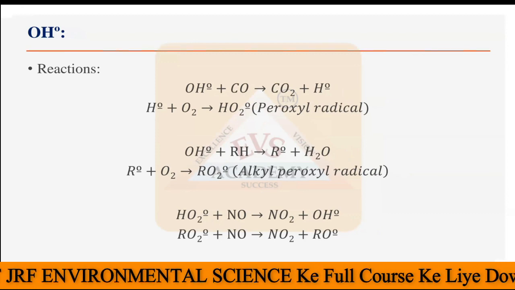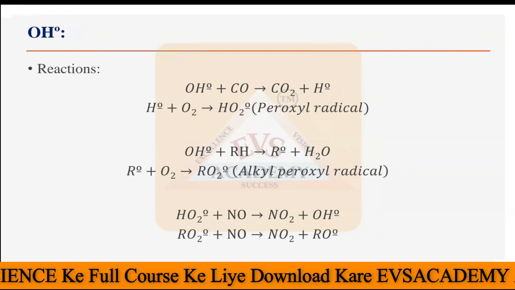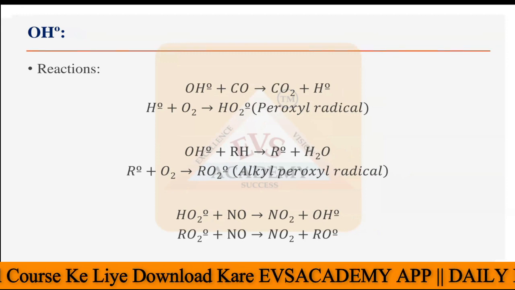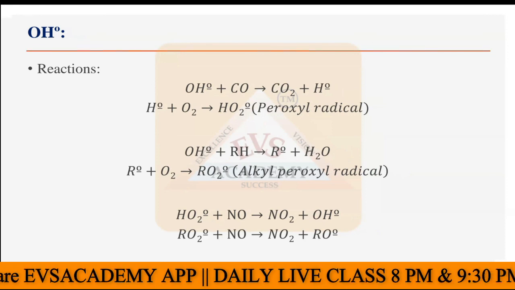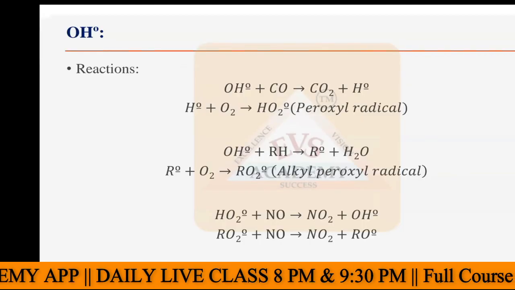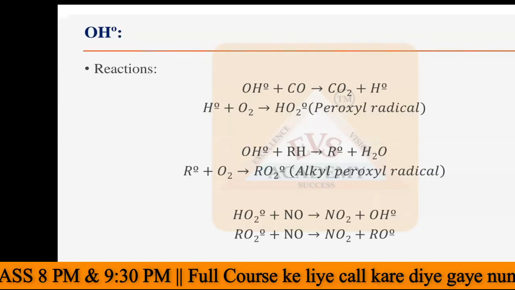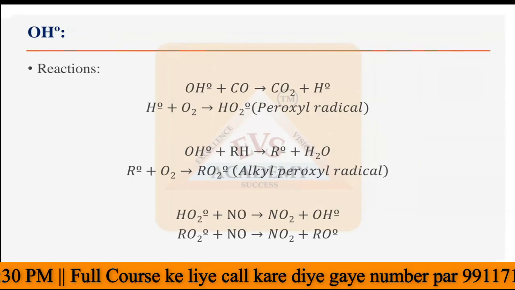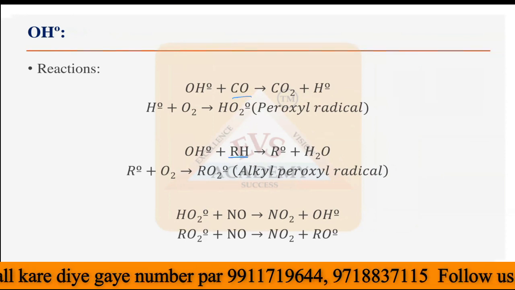Now let's see some reactions of this OH radical that you can see here. This OH radical predominantly reacts with carbon monoxide. As I have told you, it can react with organic compounds. It can react with CH4. So all three of these molecules are reactive here. It also reacts with hydrocarbons.